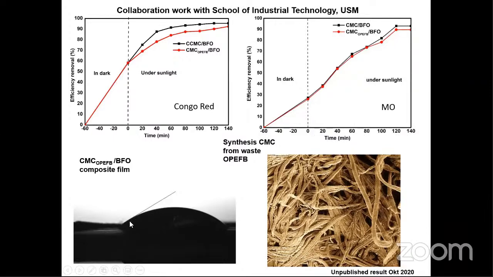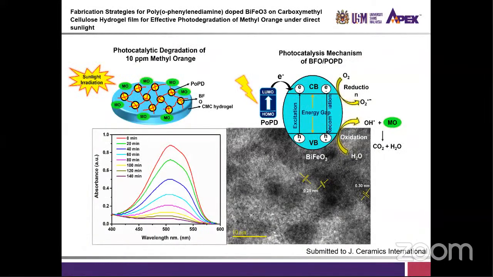And you can see there is a very good hydrophobic material here. And we also try to involve the conducting polymer, which is POPD, for the photocatalytic degradation of methyl orange, and it can start degrading as fast as 40 minutes.